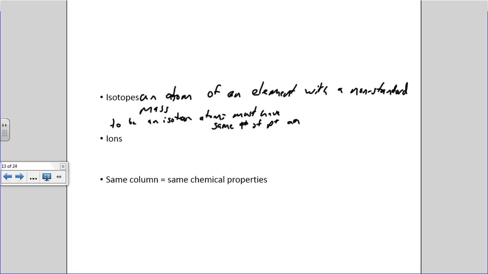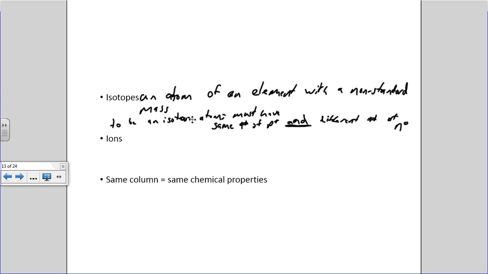So same number of protons and, okay, it's got to be both, and different number of neutrons. Okay?